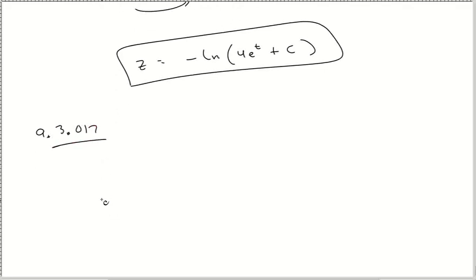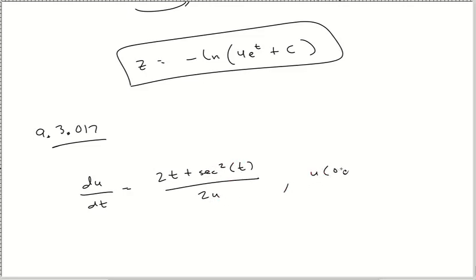Okay, du/dt is equal to 2t plus secant squared of t, all divided by 2u. And they give me an initial condition of u of 0 is equal to 4.